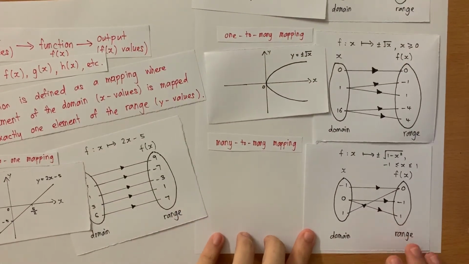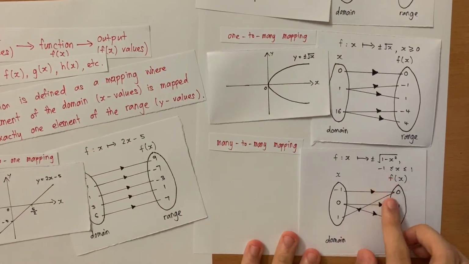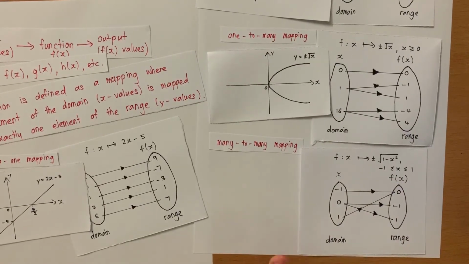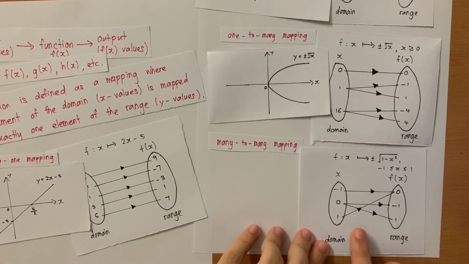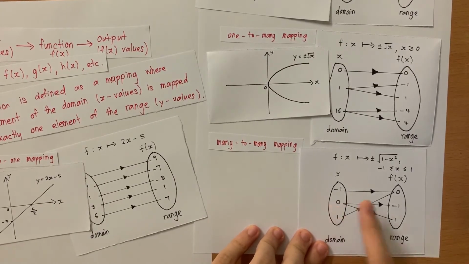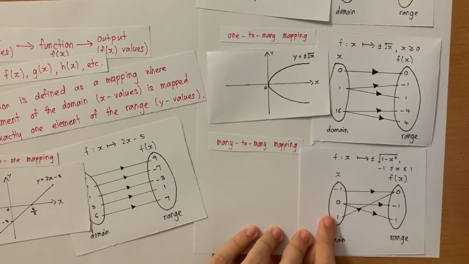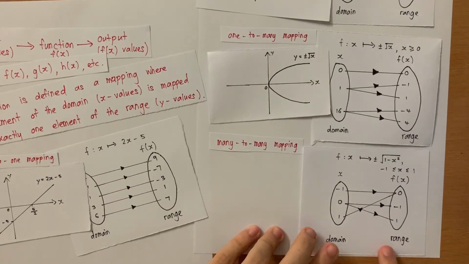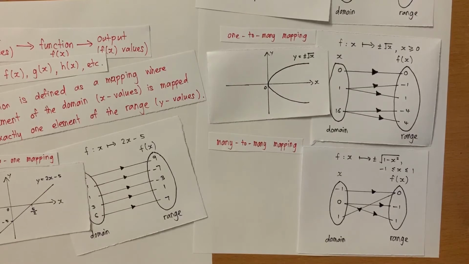So this is plus minus square root of 1 minus x squared. I'm just going to show you the part. So x equal to 0 is a one-to-many mapping. x equal to negative 1 and 1 is a many-to-one mapping. So in combination, it is many-to-many mapping. Many inputs lead to many outputs.